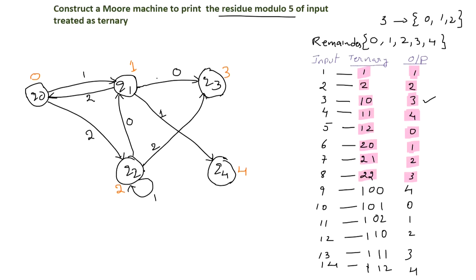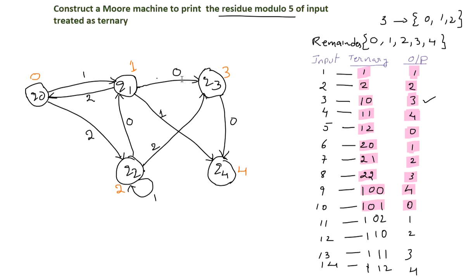The next string is 100. If the input is 100, the output is 4, that means it has to reach the state Q4. With 10, it has already reached the state Q3, so Q3 on 0 reaches the state Q4. The next string is 101, and it has to reach the state Q0 because the output is 0.